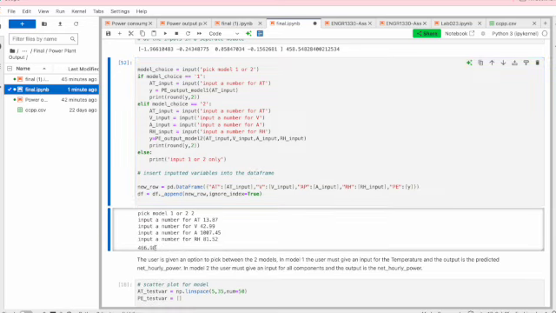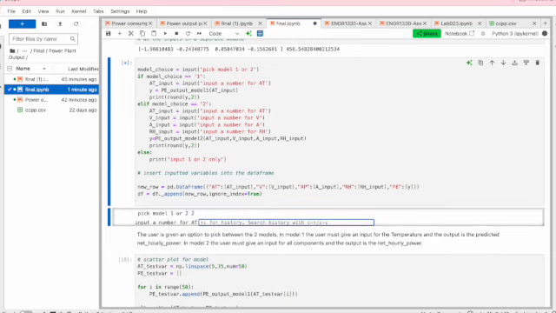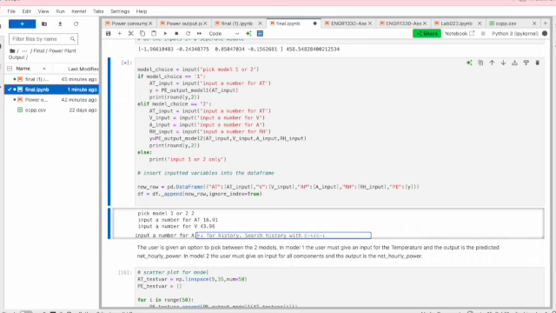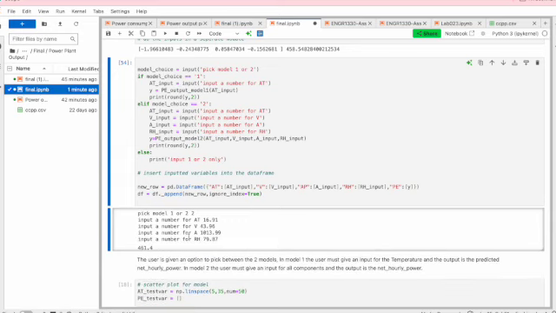And that gave us 466.98. And now I'll input the third set. And that gave us 461.4. And now I'll input the fourth set.